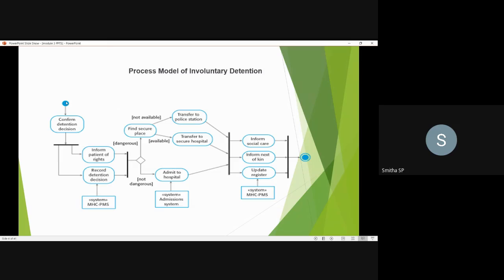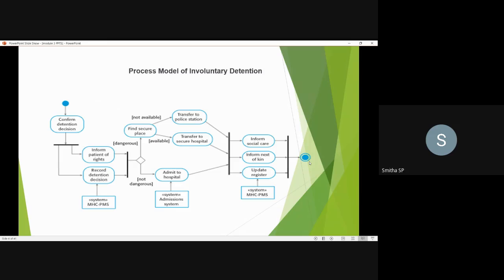Next, the end of the process is indicated by a filled circle within a circle. So here you can observe a filled circle inside another circle; this indicates the end of the process.